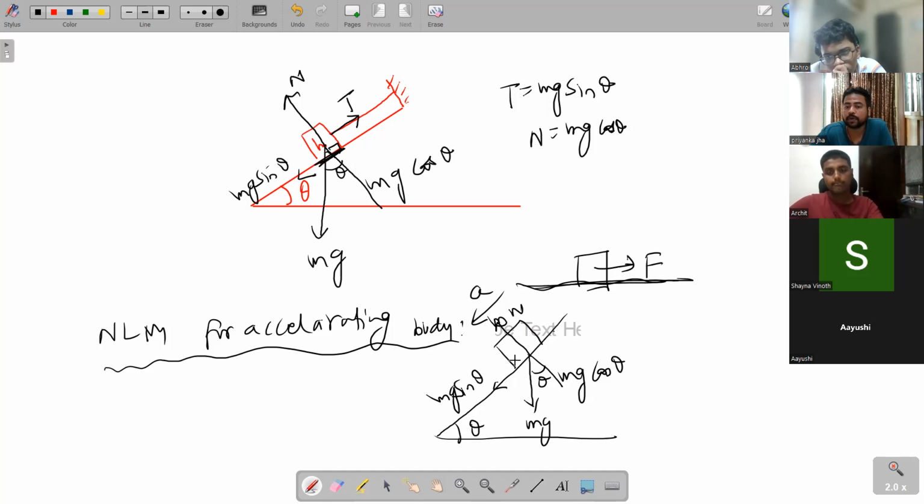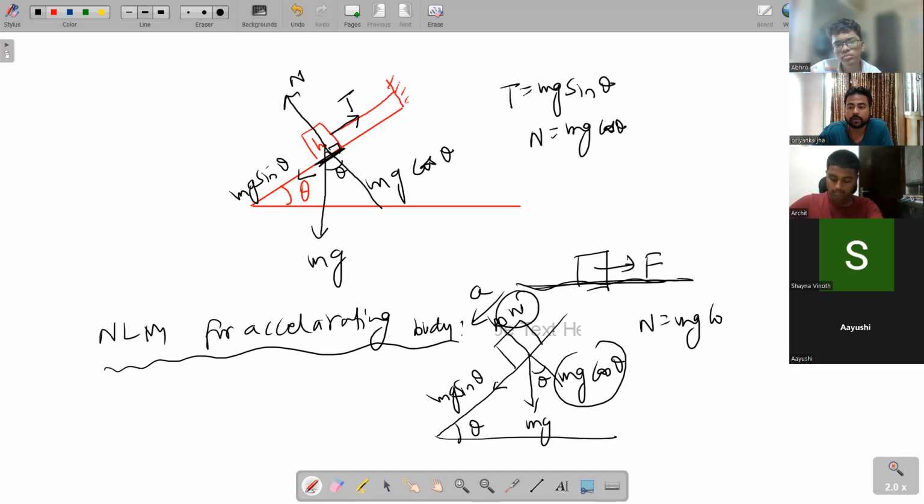The question says this body is sliding along the inclined plane. It is neither flying off nor going into the plane, so the forces in the perpendicular direction must cancel each other. So N must be equal to mg cos theta.